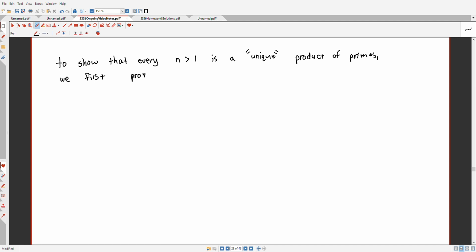So to show that every natural number bigger than 1 is, in quotes a little, a unique product of prime numbers, we first prove a really nice little result called Euclid's lemma.